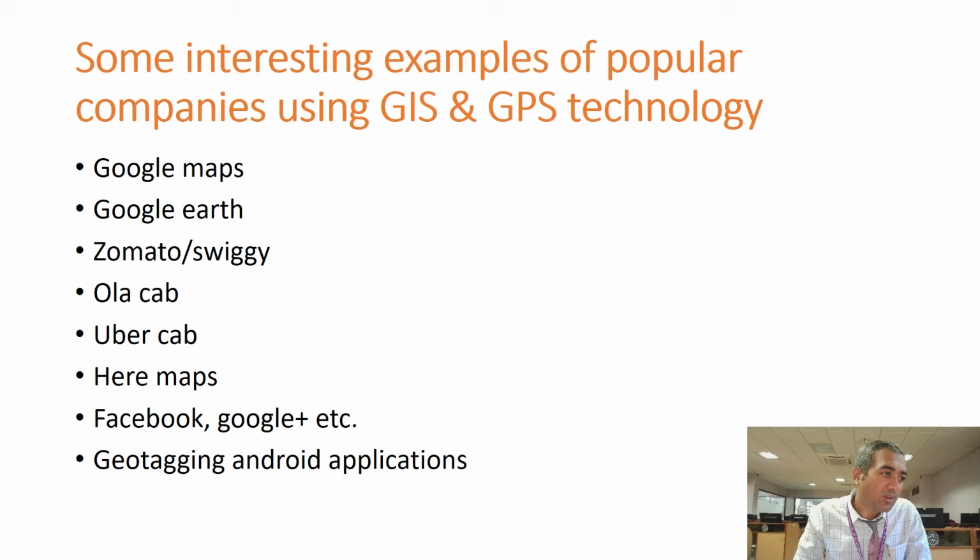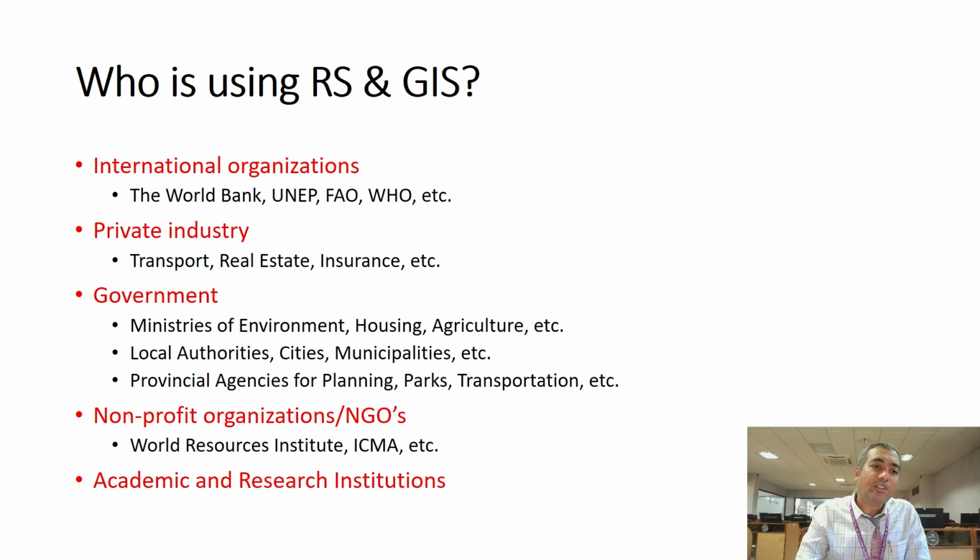If there is no remote sensing, if there is no GIS technology, then you'll not be able to develop location-based services. Based on this technology, many companies have started their business on this kind of platform. Okay, along with this, you can see who is using GIS over here.